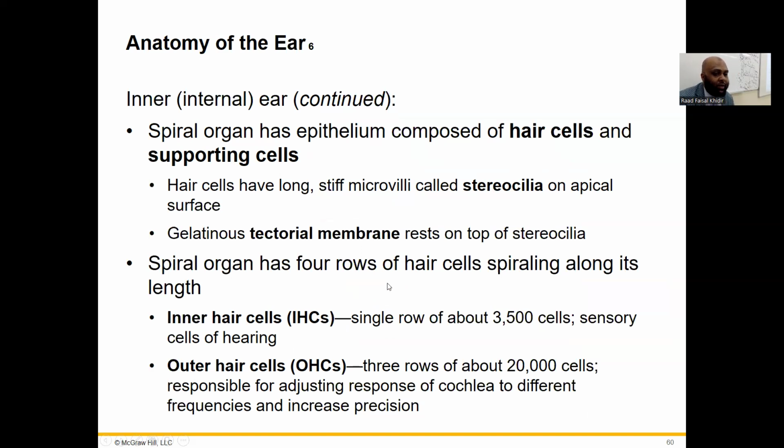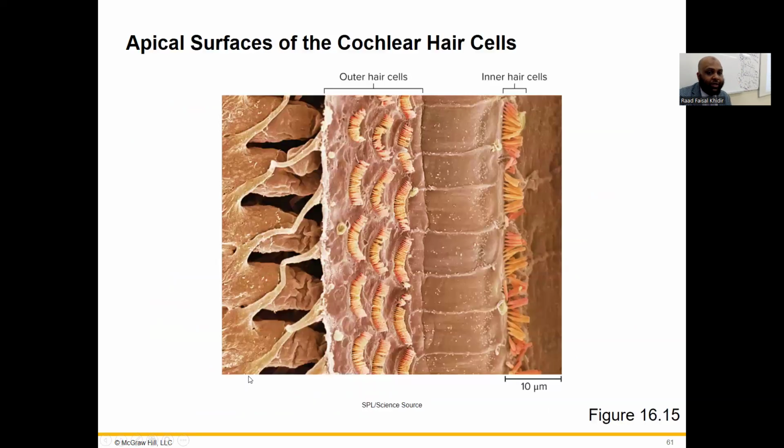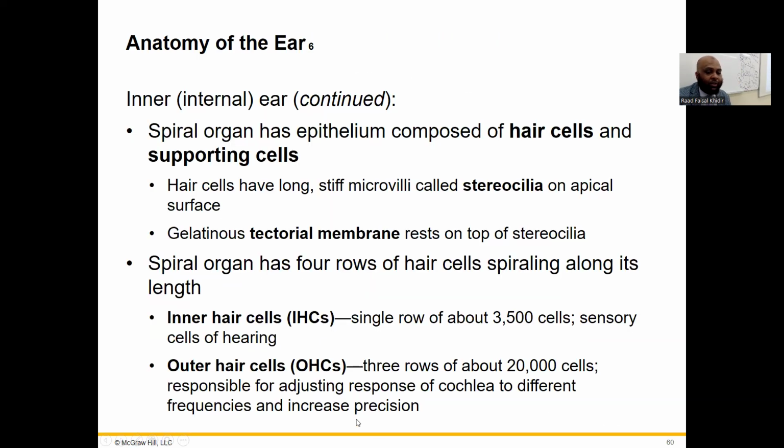Inner hair cells are single rows of about 3,500 cells, and they are responsible for the sensation of hearing. But the outer hair cells, there are about 20,000 cells, and they are responsible not for the actual sensation of hearing, but for adjusting the response of the cochlea to different frequencies and to increase the precision.